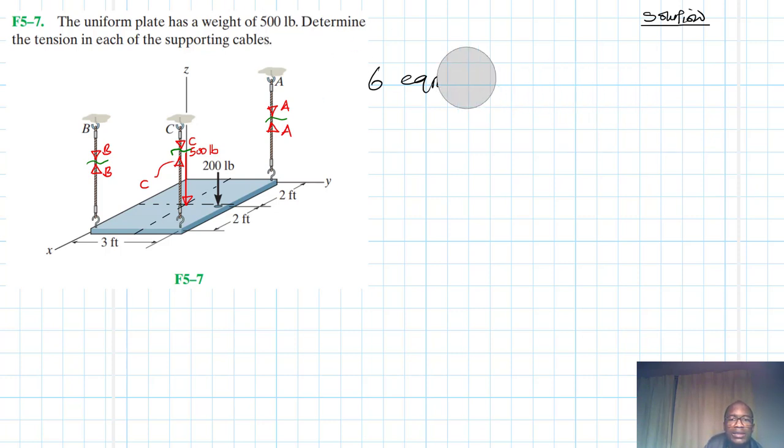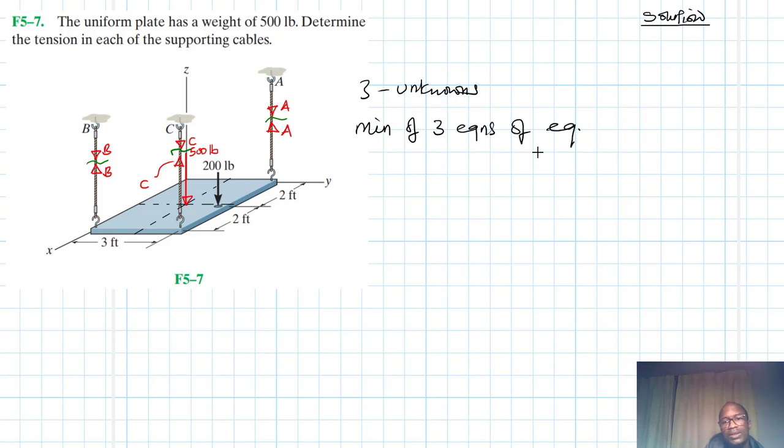But in our case, since we have three unknowns, we need a minimum of 3 equations of equilibrium to solve them. Which unknowns are those? Tension A, B, and C. But we know 3 equations will not even be useful because we do not have any force applied in that direction or any reaction force.